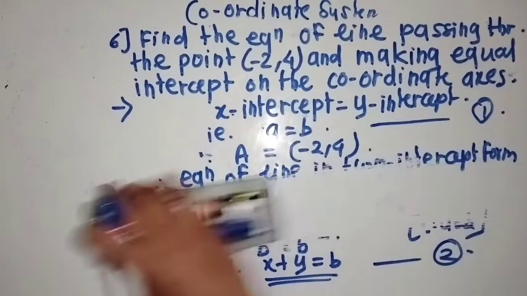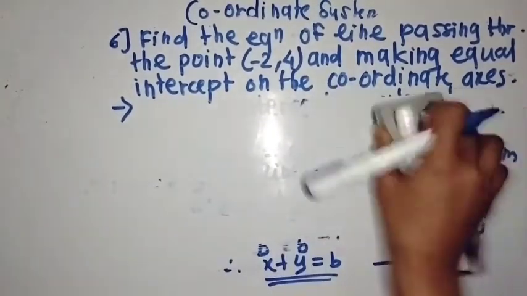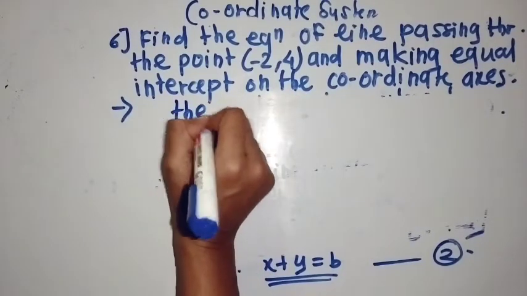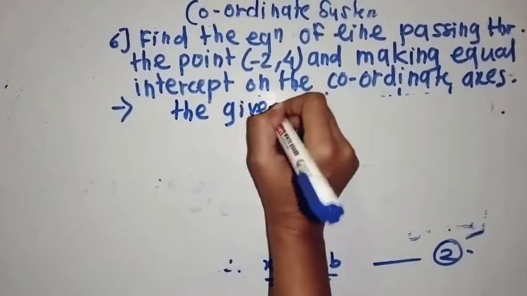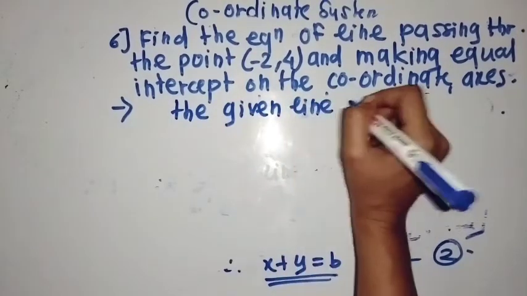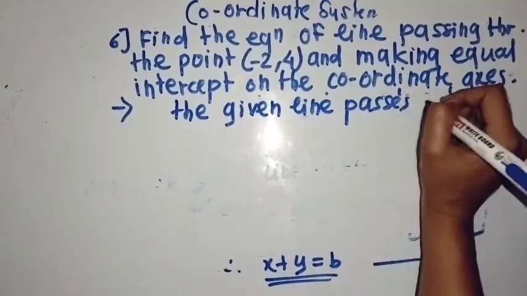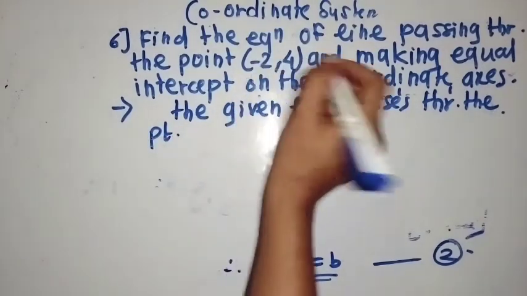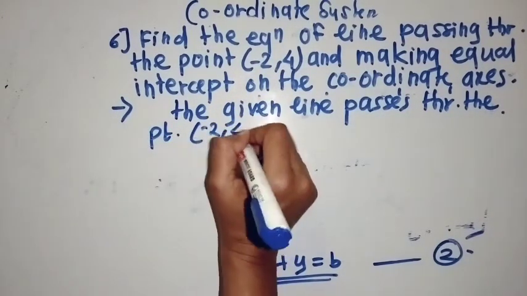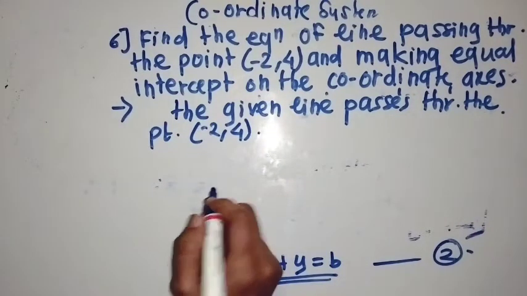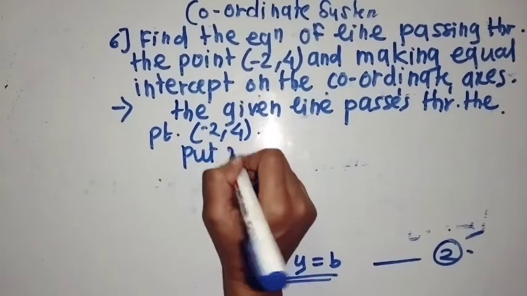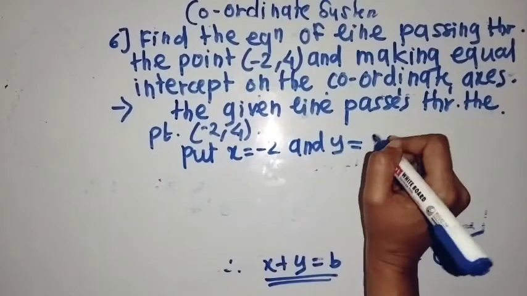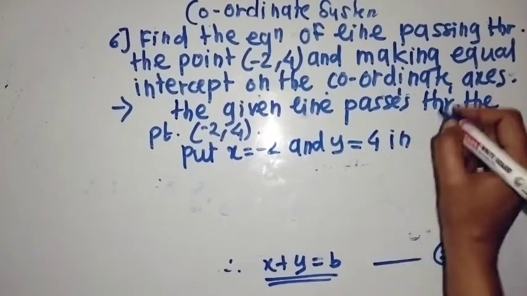But the given line passes through the point minus 2, 4. Hence we put x is equal to minus 2 and y is equal to 4 in equation 2.